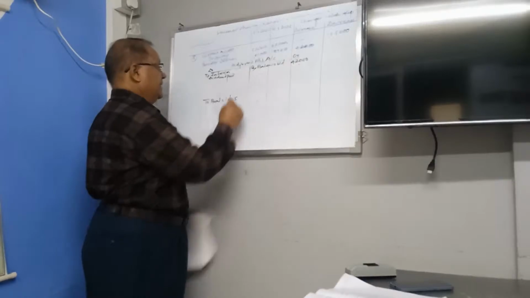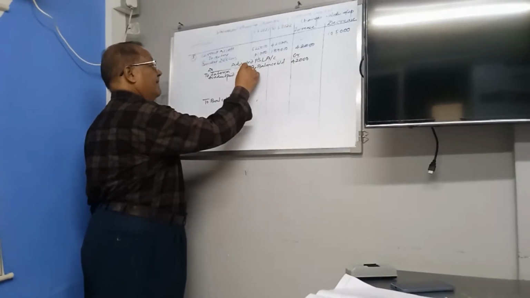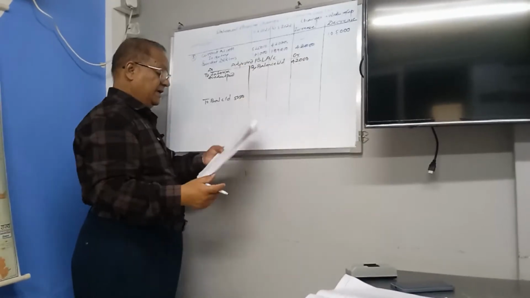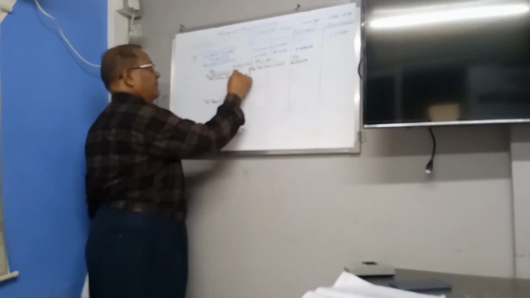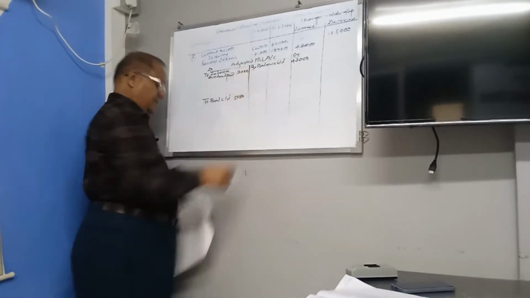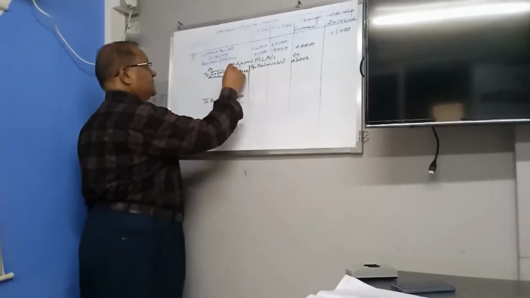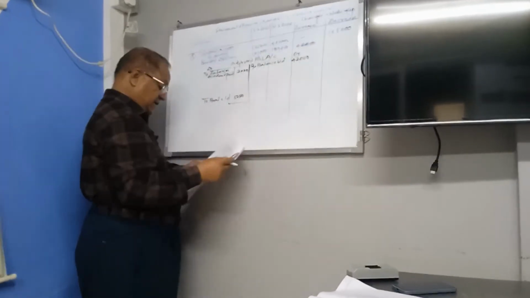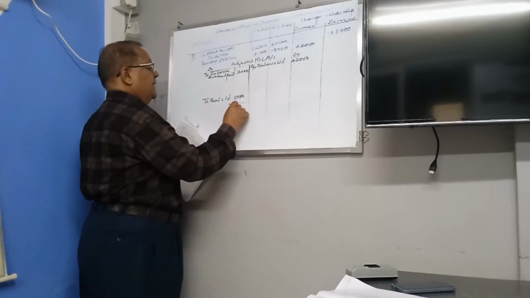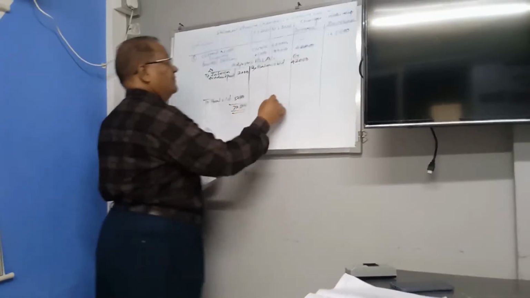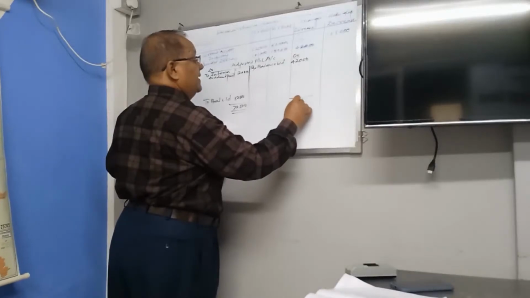Interim dividend paid is 20,000. This total comes to 72,500. It is also 72,500.